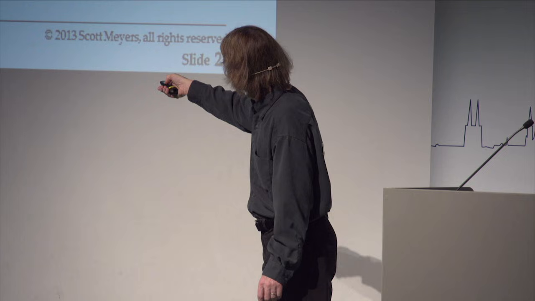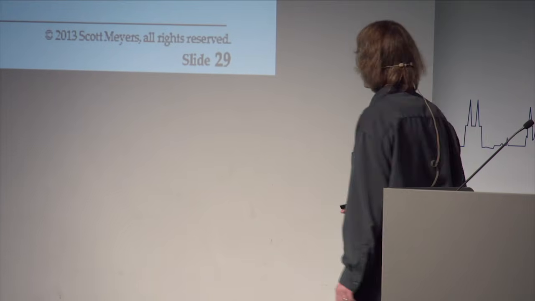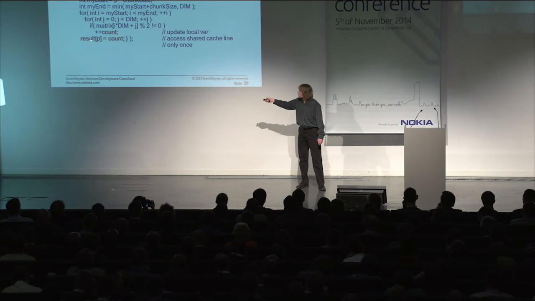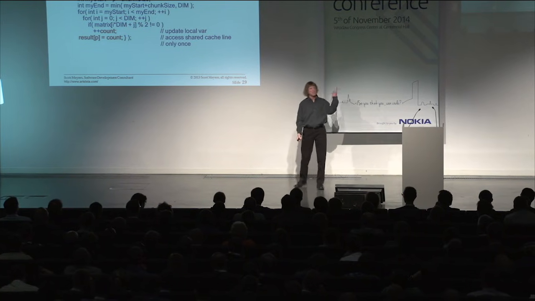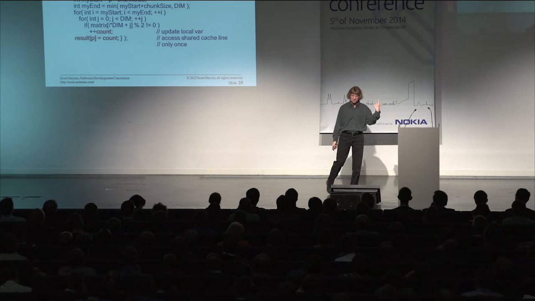So now I've got all these threads doing plus plus count on their local counter. I no longer am running into false sharing, which means I'm not going to have this scalability problem. Now, at the end, I still have to write this local variable into this array, but I only have to do that once. So that's not going to be a big bottleneck in most cases.